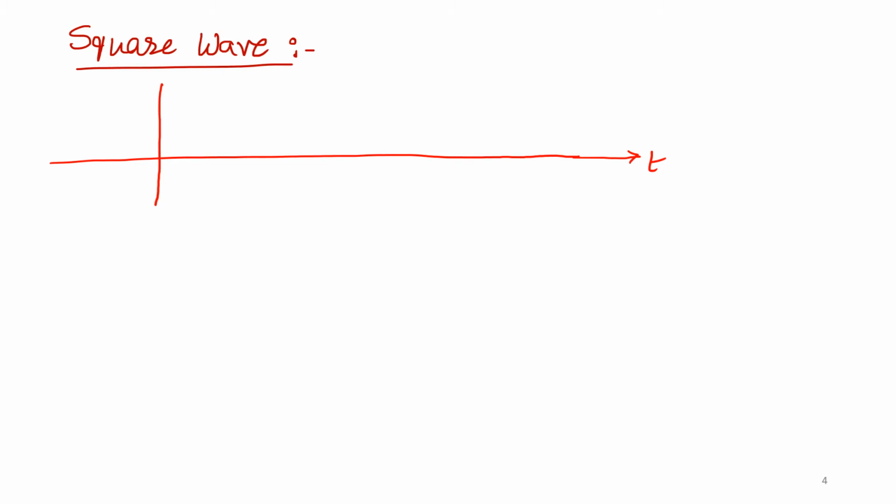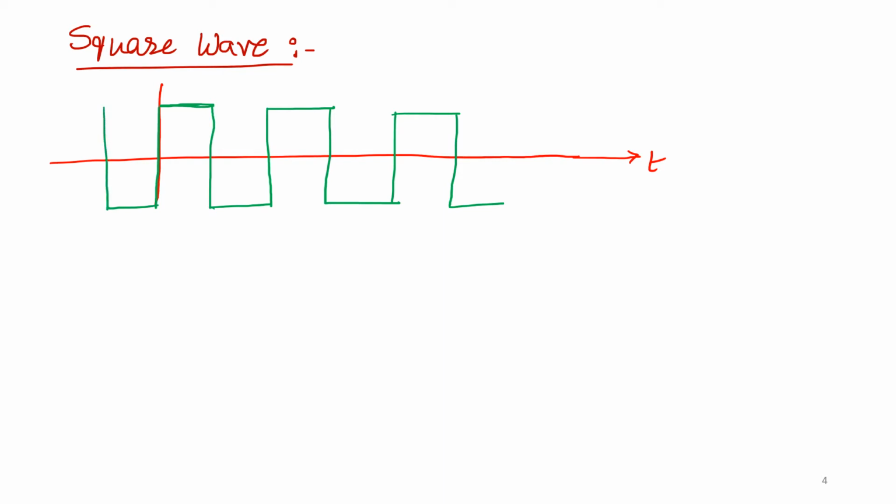Now I will draw the square wave in green. This is a square wave, and this point is t naught.